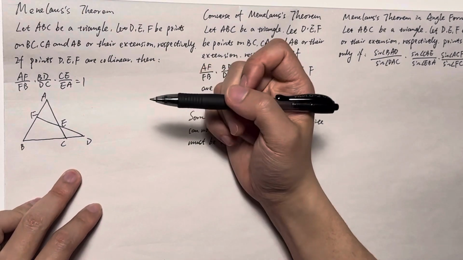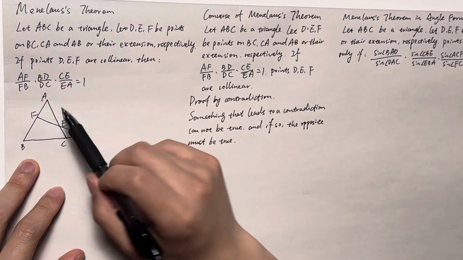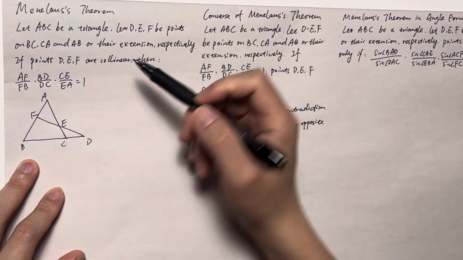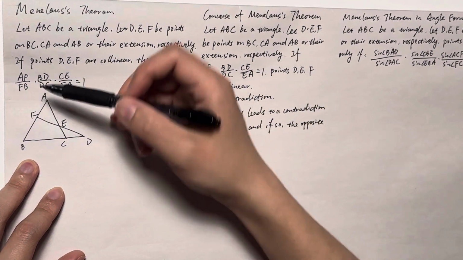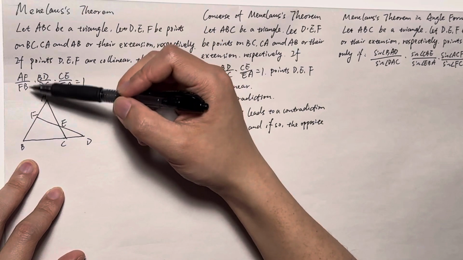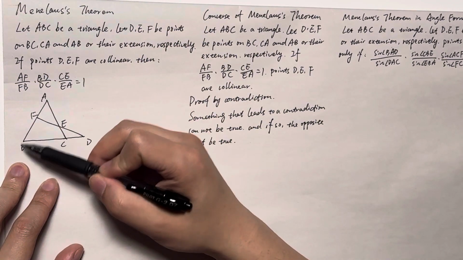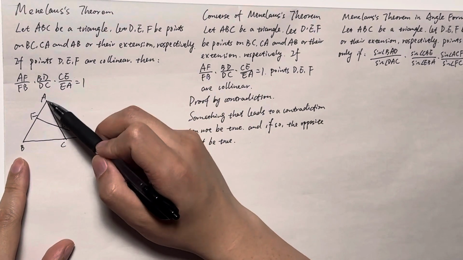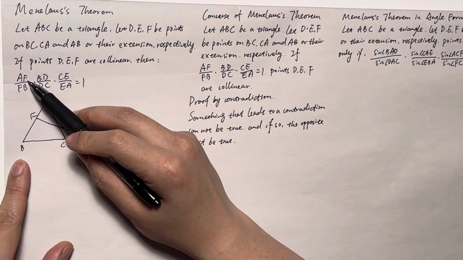So let's prove this. The first thing we need to notice is how we can write this equation. We look at the ratio of AF divided by FB. They're all on the same side. It starts from a vertex and stops at the intersection point. That's the numerator, AF.